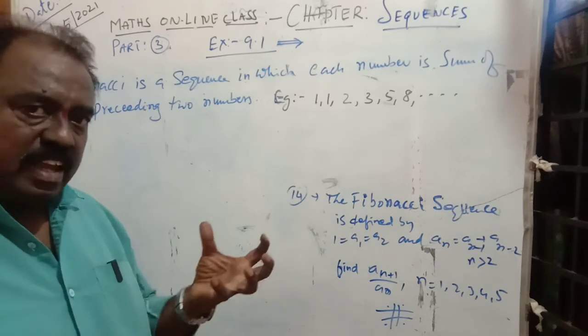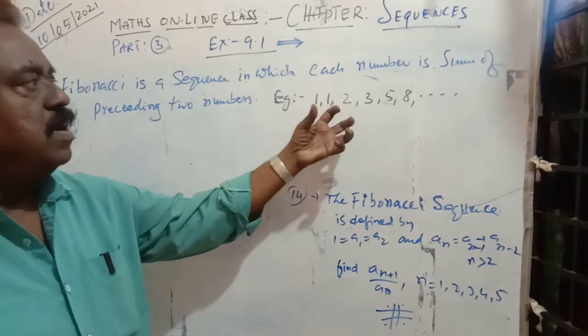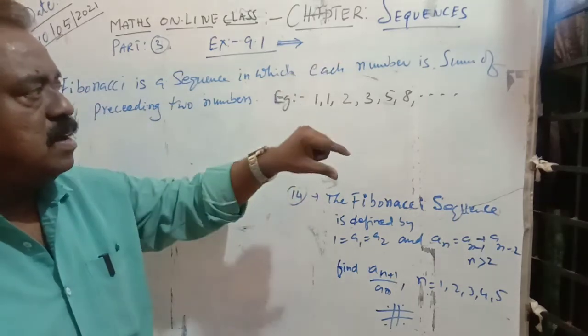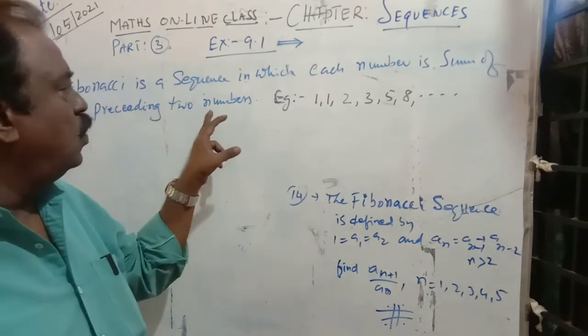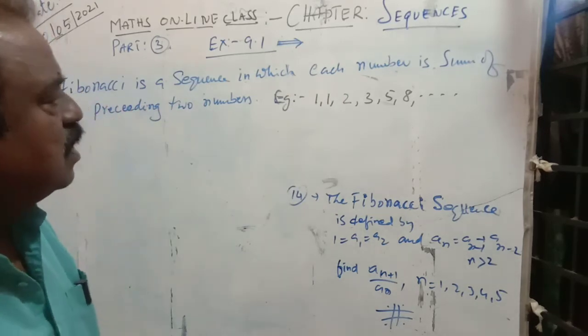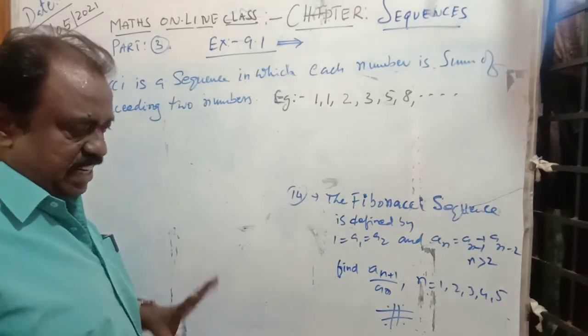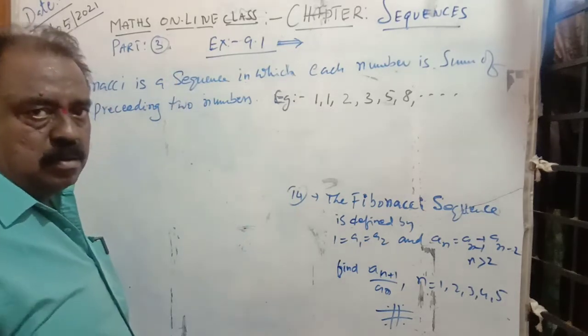That sequence can be obtained. You see, each term of the sequence can be obtained by summing up the preceding 2 numbers. Okay, Rena? For example, the first number is without any condition. First number is always that one. 1, a first number.